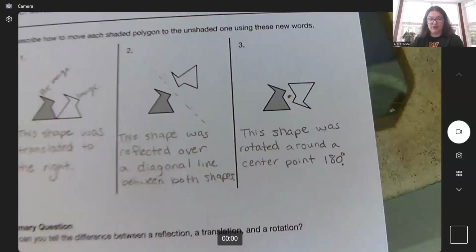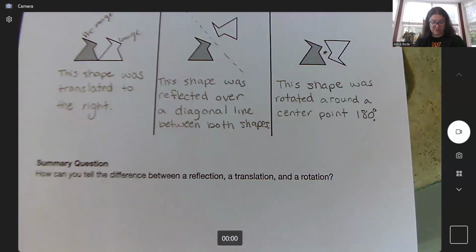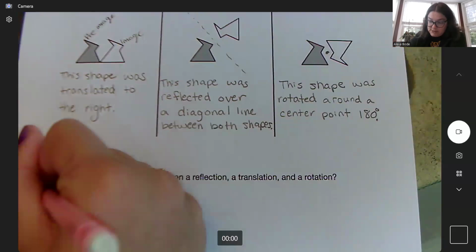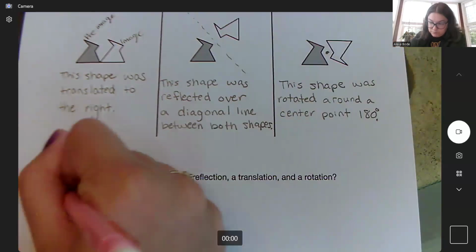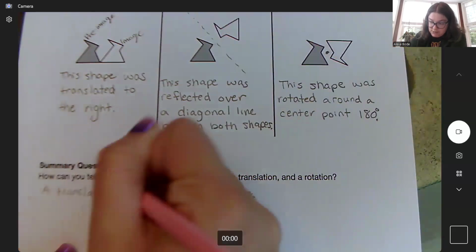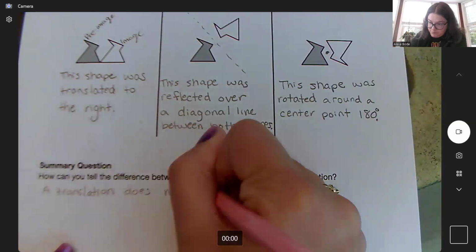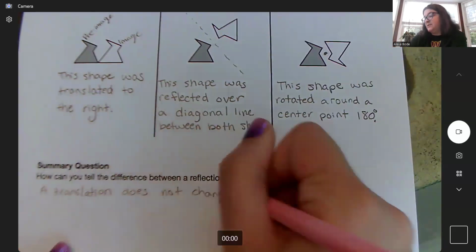Okay, and our last one, how can you tell the difference between a reflection, a translation, and a rotation? A translation does not change the way the shape is facing.